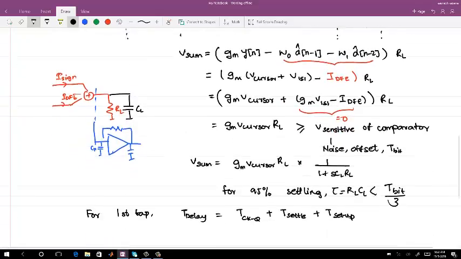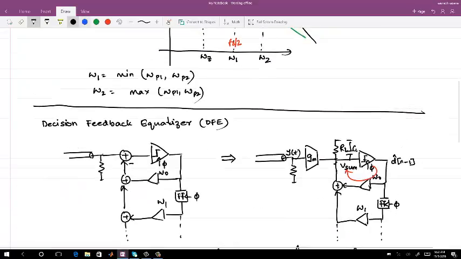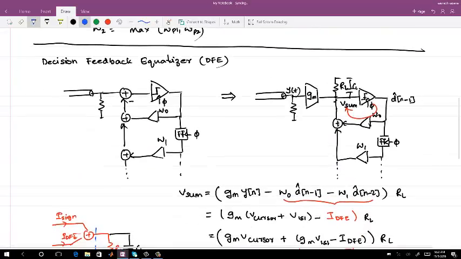Okay, so you see that the T delay in the whole loop should be lesser than your T bit period. Otherwise, you can have an error. Whereas, if you look at the second loop, here this is also a clock, but this is a flip-flop, which sees more or less a full-scale input.